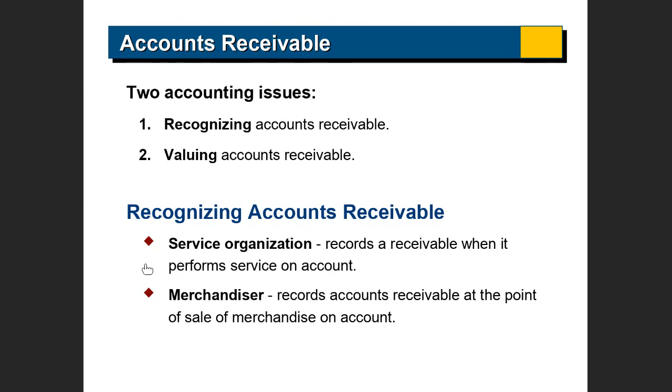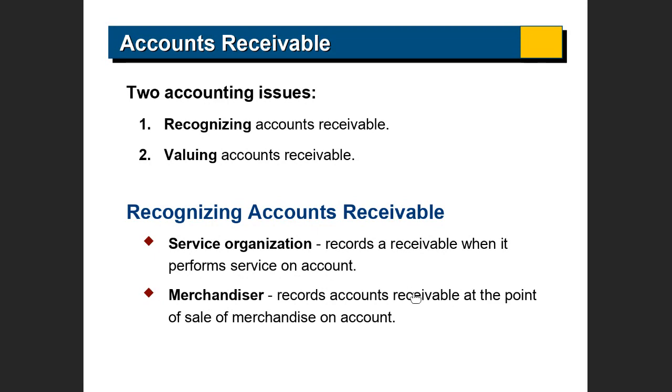So if you have, for example, cleaning services or gardening services or security services or any accounting service, law service, anytime you provide the service and the customer does not pay immediately, you have an accounts receivable created at that time, right? At that moment, the accounts receivable is recognized. You have provided the service, so you have revenue, and then you have an asset that is due to you.